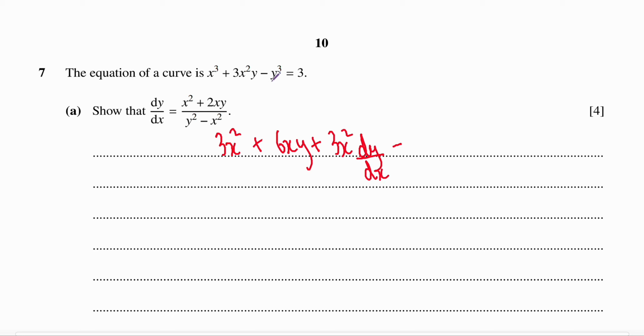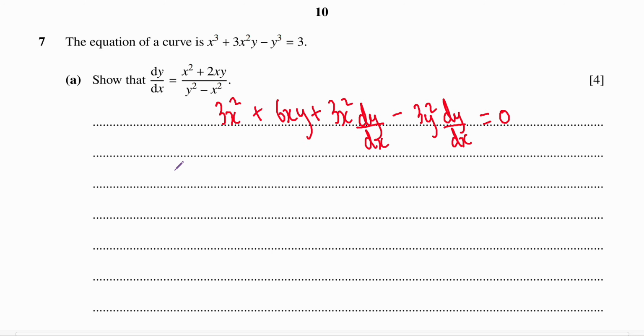Minus the derivative with respect to x of y cubed is going to be 3y squared times dy by dx. Like I said, imagine y was x. That would be x cubed. So you take the derivative of that, you would get 3x squared, and then you have a dy by dx in front, and then replace x with a y. So you're left with that. Is equal to the derivative with respect to x of 3, which is just 0. So we don't care about that.